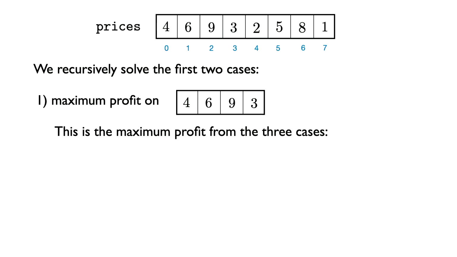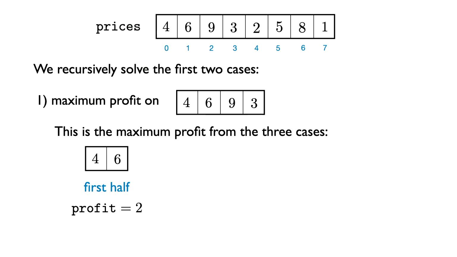Okay, so let's see how to do that. On the first case, we want to compute the maximum profit now on the first half of the array, and we solve this recursively. So again, this is going to be the maximum profit from the three cases. The maximum profit from the first half of the array.